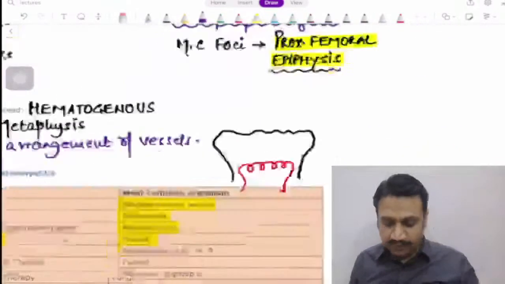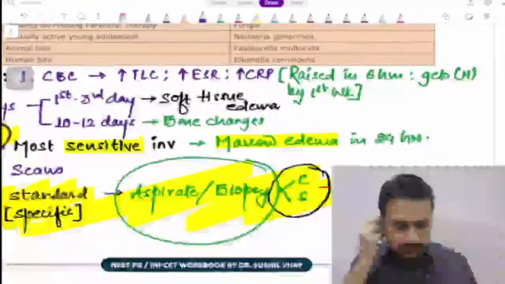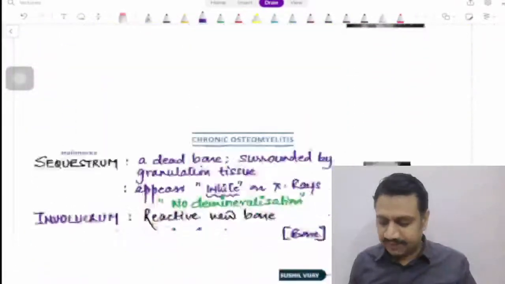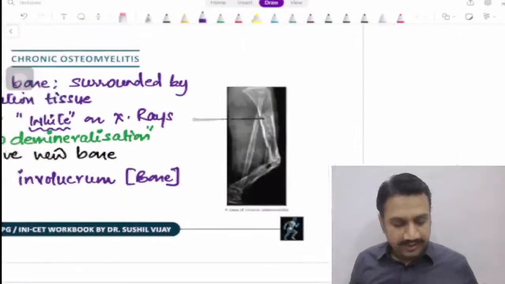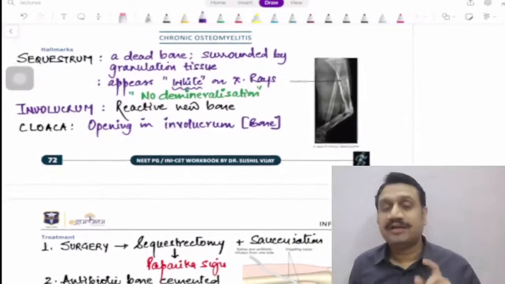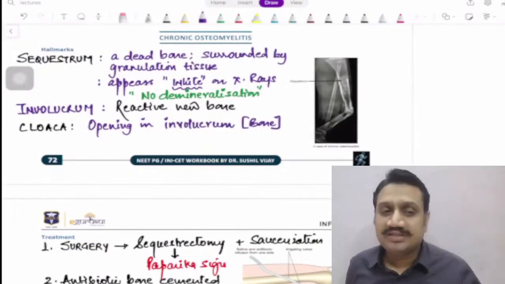All right. Now look at the image of chronic osteomyelitis. The most important thing you should keep in mind is sequestrum and involucrum. Please don't make any mistakes while you're marking the images there.